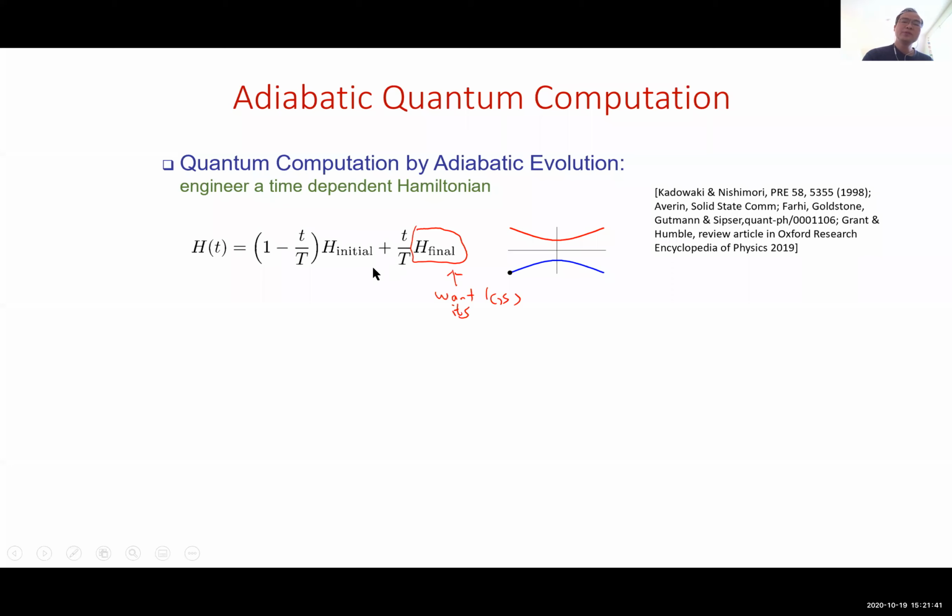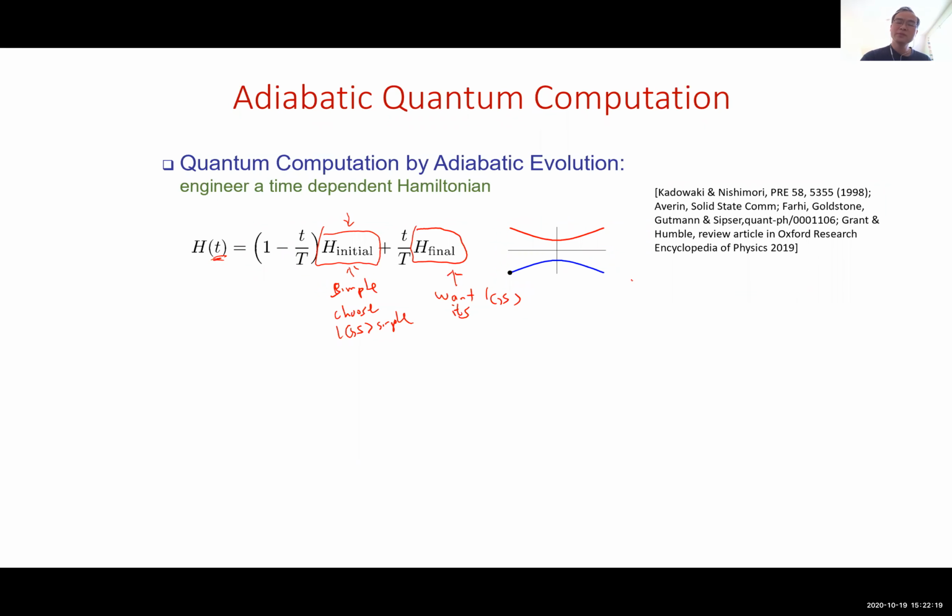So what you do is you combine that with an initial Hamiltonian, which is simple, that you can choose, and whose ground state is also simple. And you just write down a Hamiltonian that depends on time. When t is 0, it is this initial Hamiltonian. When t is the capital T, the final time, that's the final Hamiltonian.